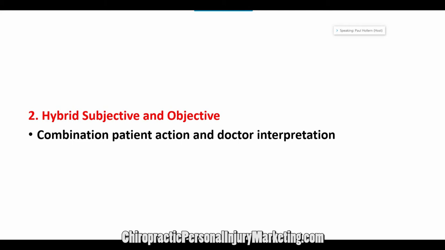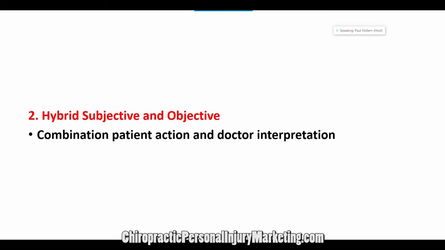This is why. And we'll go into the different tests later, but just be aware of some of the common subjective and objective hybrid findings. Most of the range of motion, the active range of motion, is interpretive.